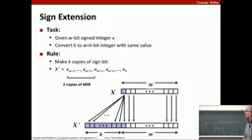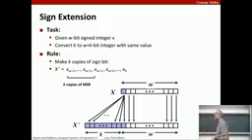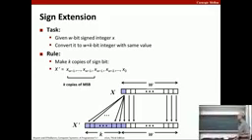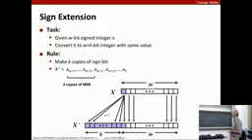Okay, so now let's look at a final class of operations, which is, suppose I have a number that's so many bits, say 8 bits, and I want to now expand it to be a 16-bit number. There's a fairly cute rule for doing this that's called sign extension. I'm talking about two's complement numbers here, of how you take a number and make it bigger without changing its value.